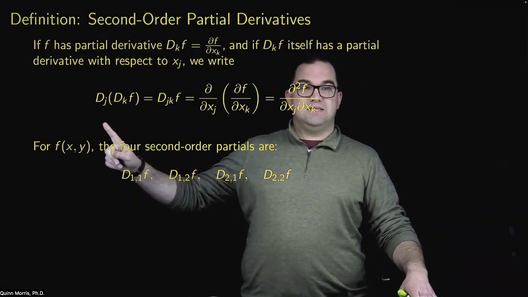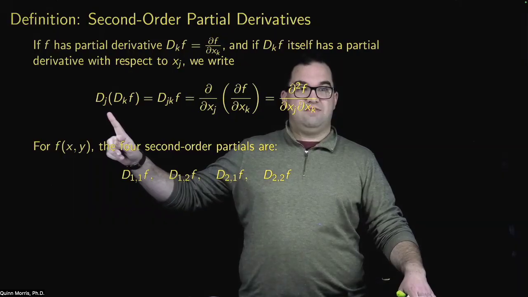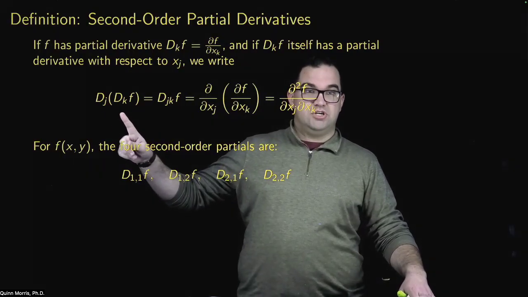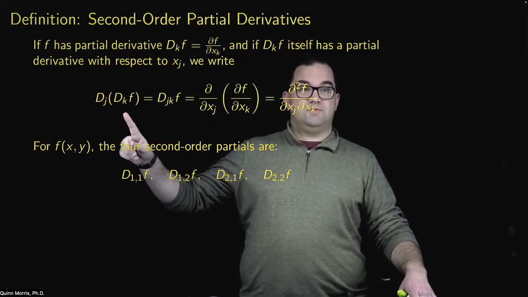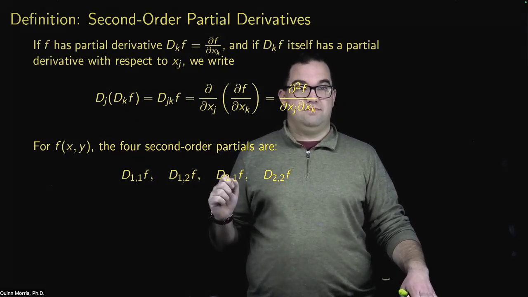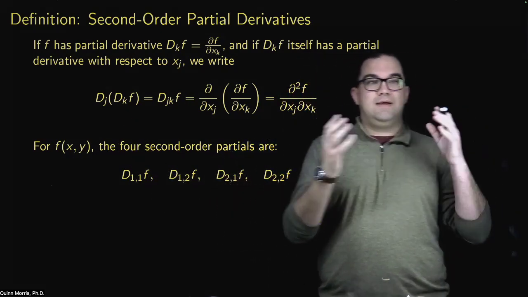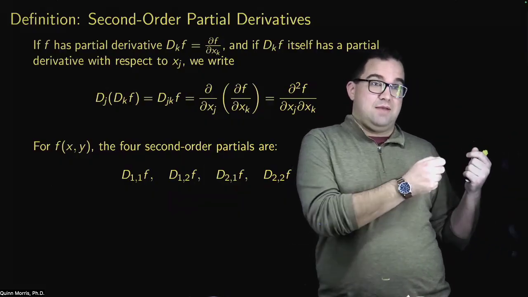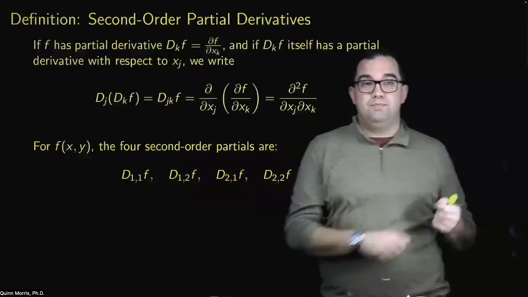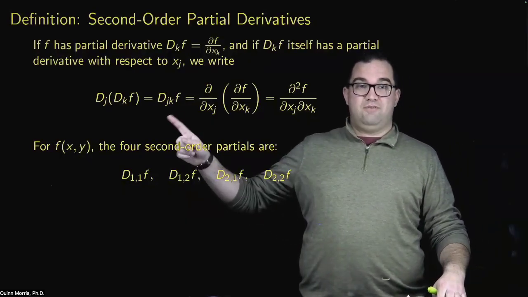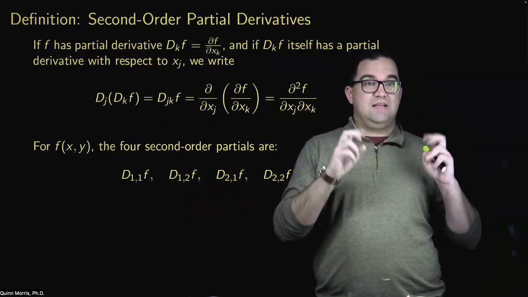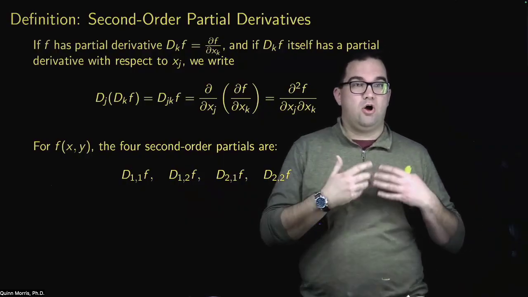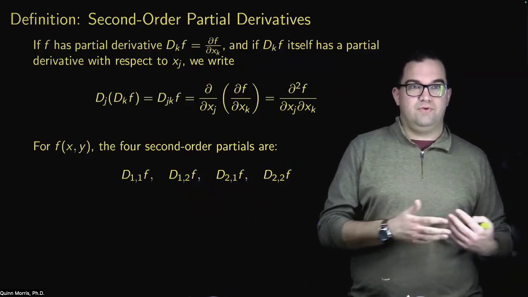And really what that means is take the derivative with respect to the jth variable of the function, which is the derivative with respect to the kth variable of f. Okay, so again, what we're doing is we're just composing this differentiation operation in exactly the same way we did for functions of a single variable. It's just that now we have a lot of different second derivative type objects. So we call each of these a second-order partial derivative.